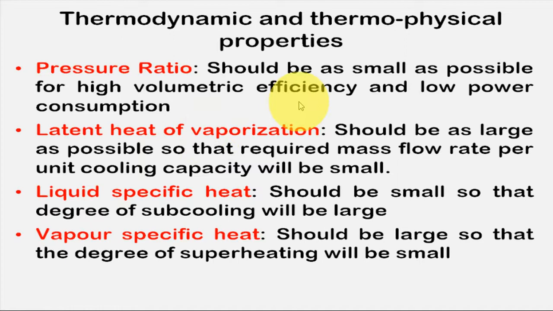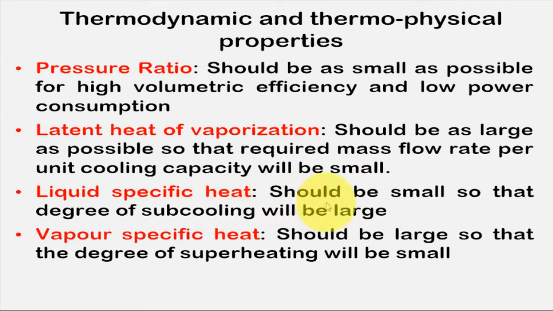Then the pressure ratio should be as small as possible for high volumetric efficiency and low power consumption. Then the latent heat of vaporization of the refrigerant should be as large as possible so that the required mass flow rate per cooling capacity will be small.